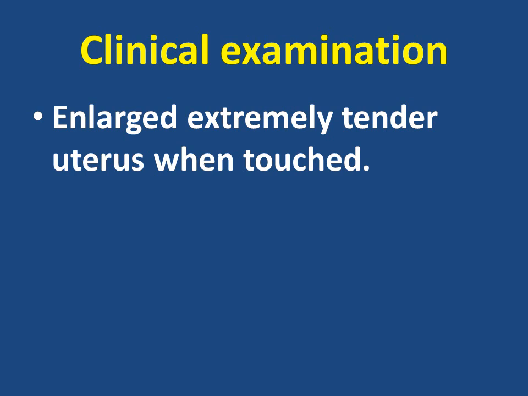Now we have a case in the outpatient clinic. What can I see in the clinical examination? You should concentrate on the uterus. It is a disease of the uterus. So on examination you may find a large sized uterus, which is called bulky uterus, and characteristically it is very tender, extremely tender when you do bimanual examination, and this tenderness is characteristic for adenomyosis.